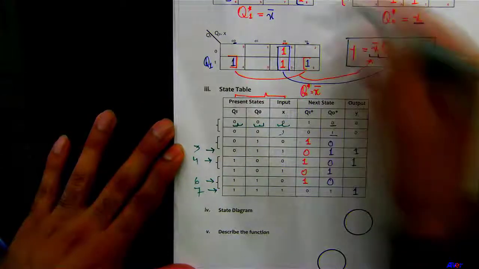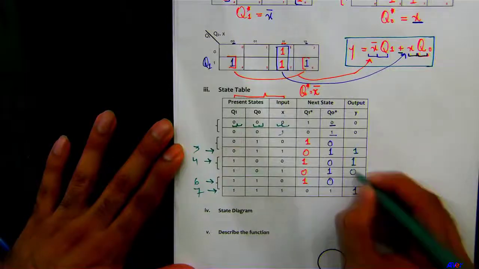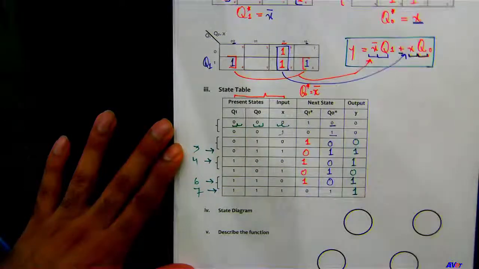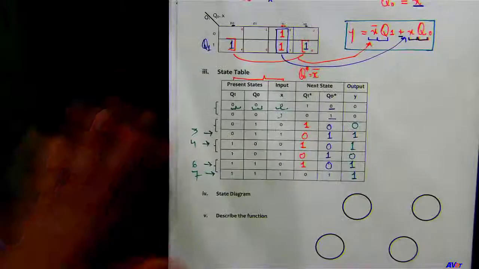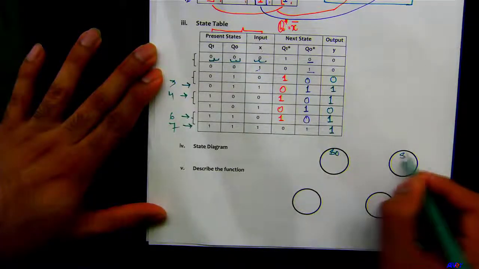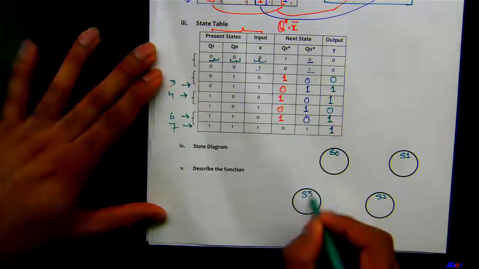Now because we had the K-map, we will just fill it in real quick. This is going to be 0, this is going to be 1, and this is going to be 0. So this is our Y. Now we're going to do our state diagram. This is our S0, S1, S2, and S3.